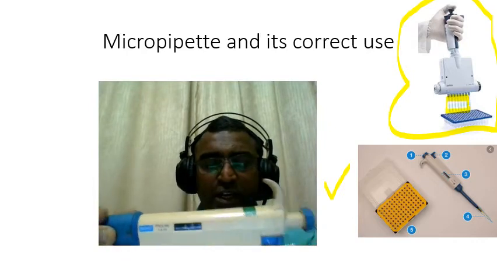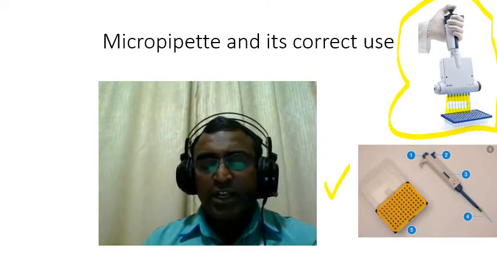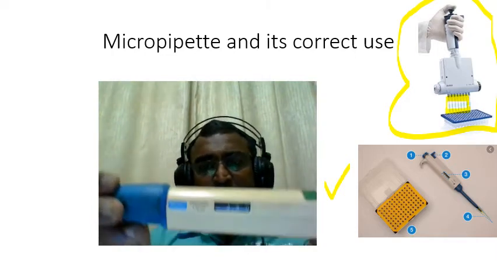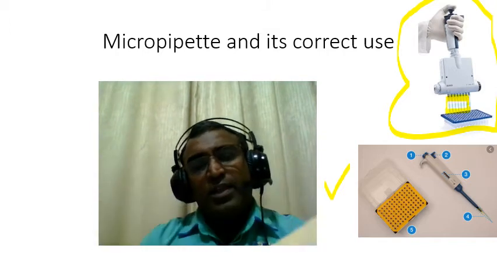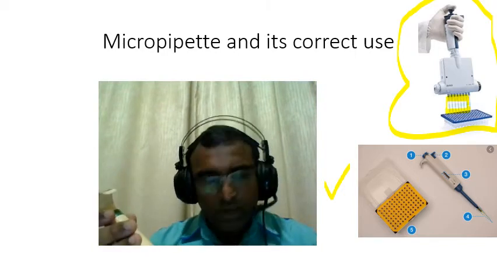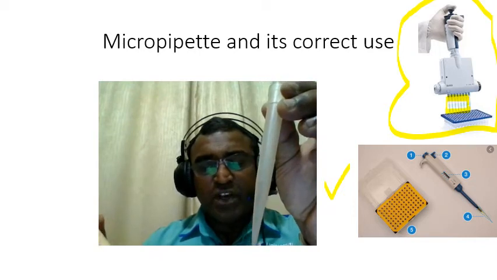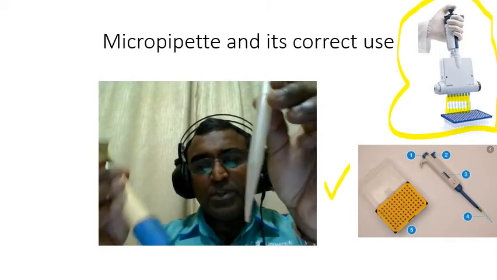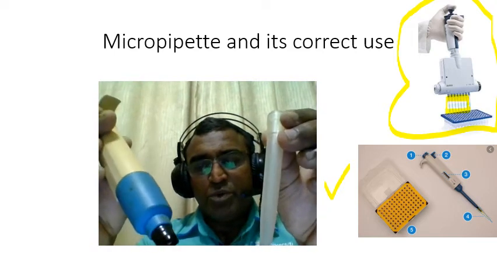So say if I want 4.5 ml, I just adjust it. You can hear the clicking sound, okay? And therefore it should read there 4.5, and then I can start putting in the tips. These are the tips for this 5 ml micropipette. I purposely chose a big micropipette so I can show it to you easily.